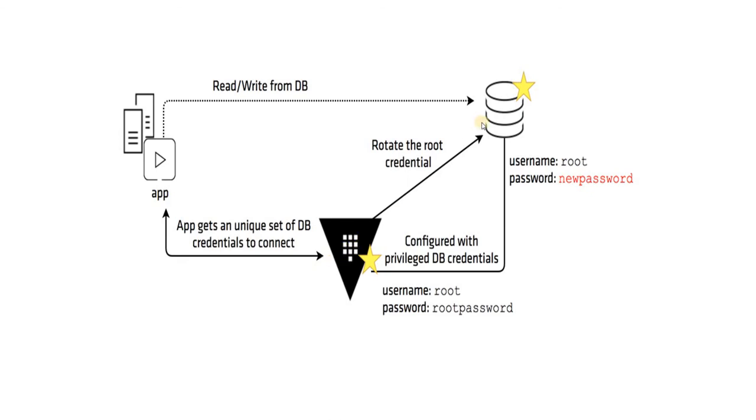The Vault connects to the database using an admin user. It generates a new username and password and sends it back to the app. So the important point here is the HashiCorp configuration where it knows the admin user with which it has to connect to the Postgres and generate the new username and password to be given to the app.